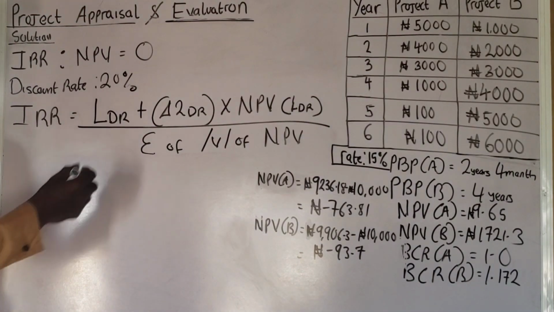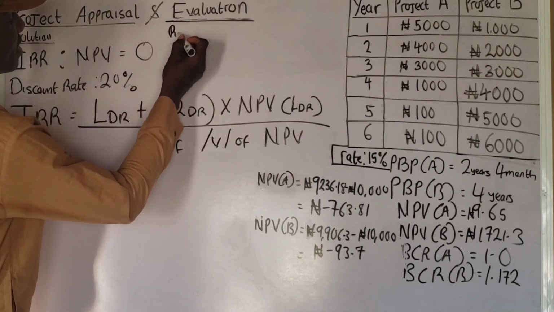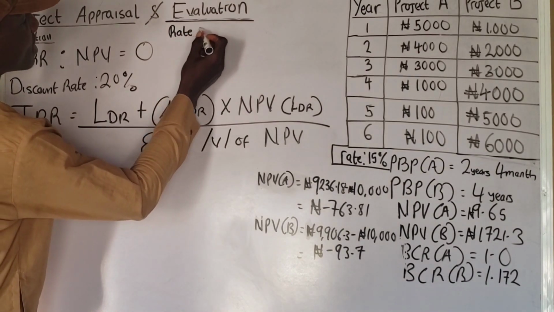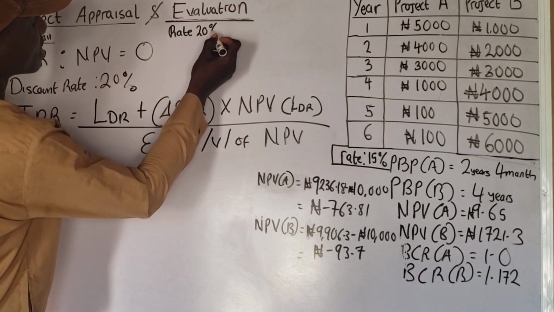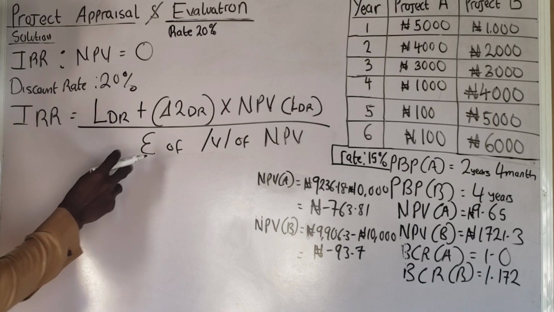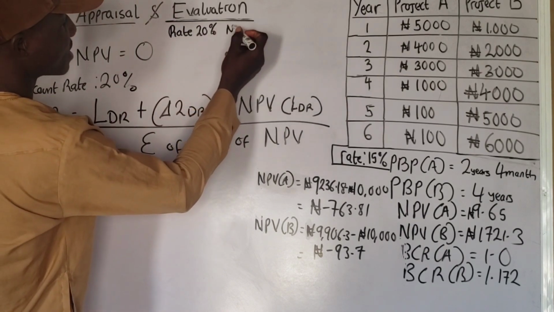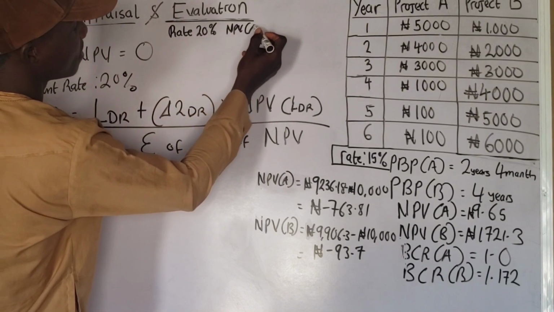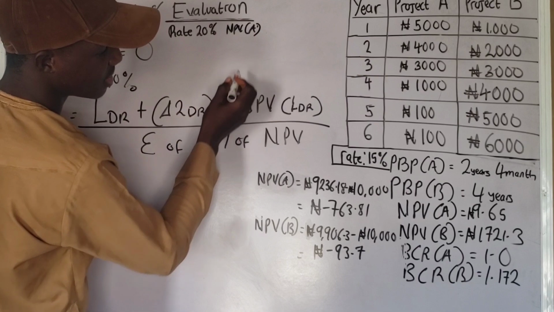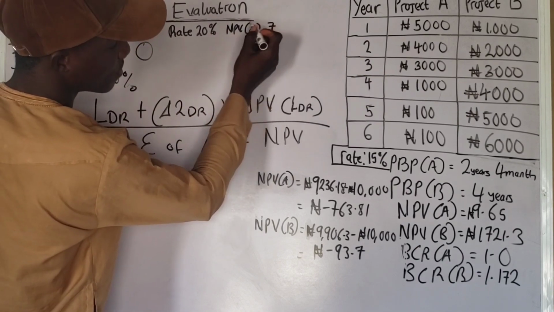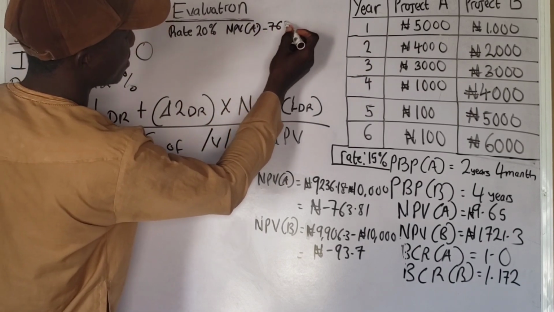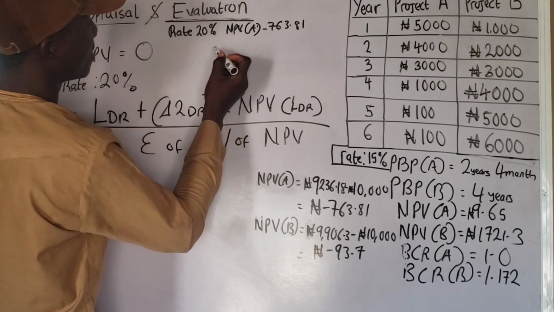You understand? Let us have a discount rate of 20%. At a discount rate of 20%, the NPV of project A is what? Negative 763.81. You understand?